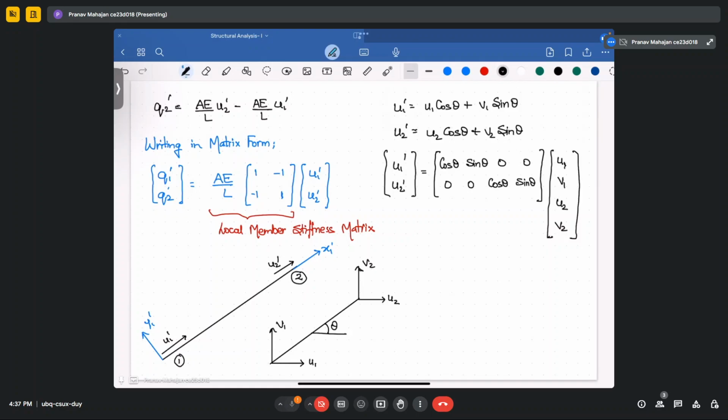This is the conversion from global to local. In other words, you can also write the same using the inverse of the transformation matrix, and then write the global stiffness matrix in terms of the local stiffness matrices. Let me give some notation as lambda x, lambda y.